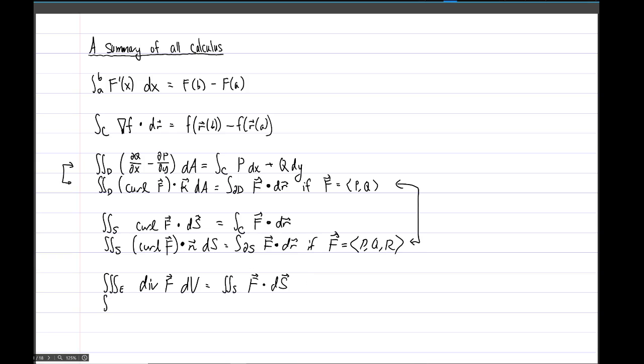We could also write this as the triple integral over E of the divergence of F dV, and have here, instead of a capital S, boundary of E, and then just change how this is written as F dot n dS. Now, either way that this is written, this is the flux of the vector field F across the surface S.